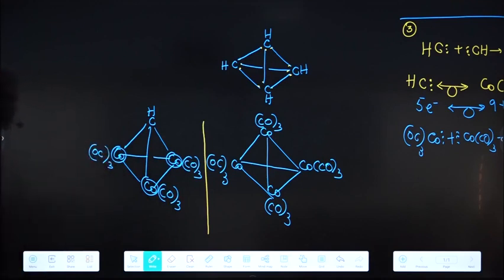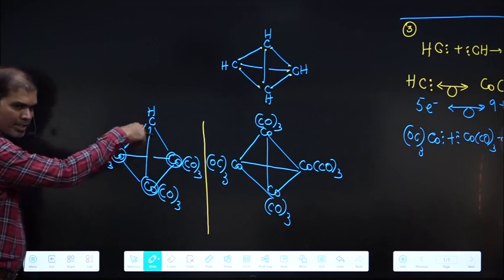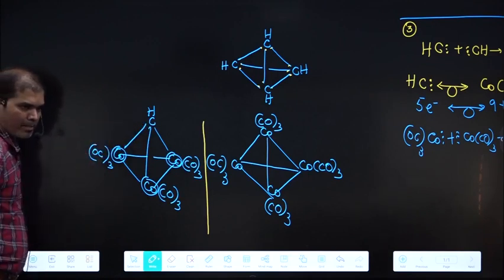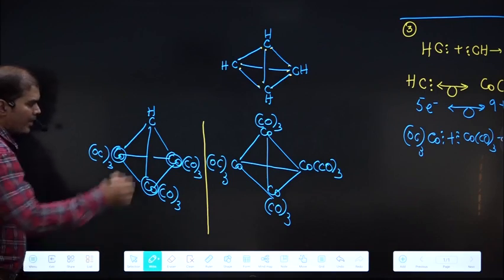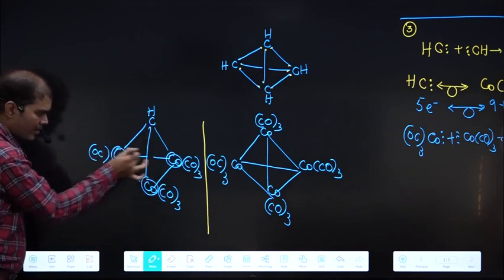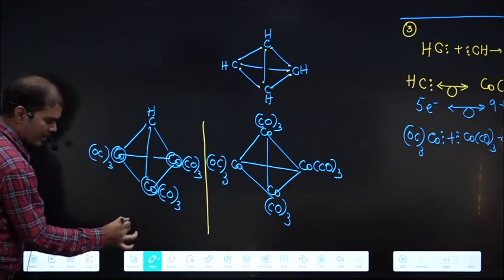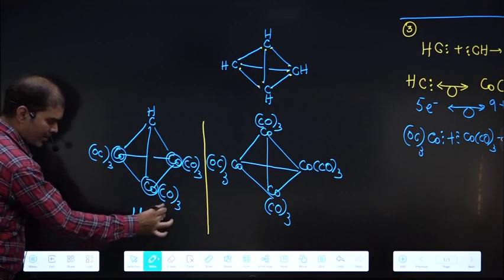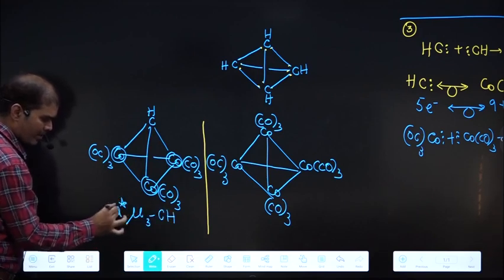The question was, what is the bridging structure? Methylidyne. Is it doubly bridging, terminal, triply bridging, or what is it? CH is triply bridging. This was a previous CSIR exam question.